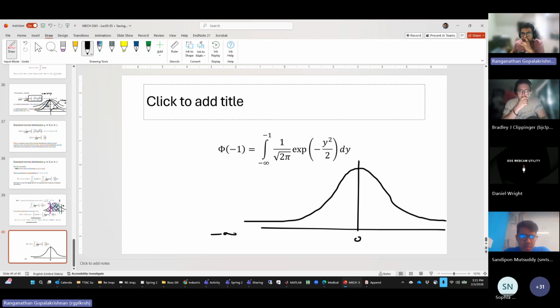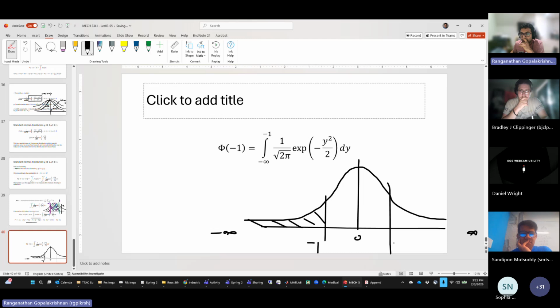This is minus infinity, this is plus infinity, and we are interested in this minus 1. We already figured that if you draw the line at 1, the area to the left of that is 0.8413. We already did that calculation. How much is this area? That's the question. Close to 0?